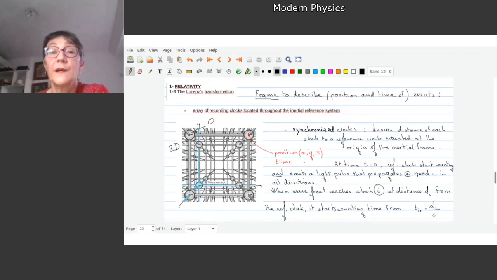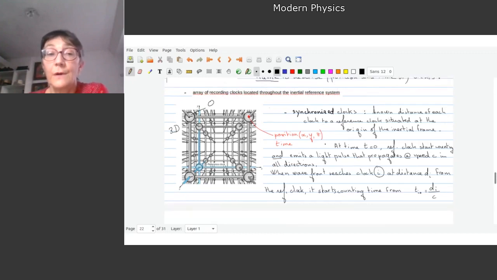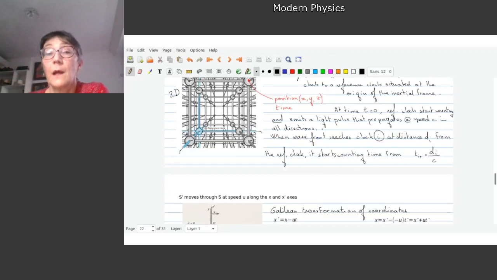It's very important to have synchronized clocks, because when you measure the time of events, you have to measure the time with the clock which is at the place of the event. It seems ridiculous, because the velocities we are used to are so small, but when you are at velocities close to light speed, it begins to be very important, as we will see.